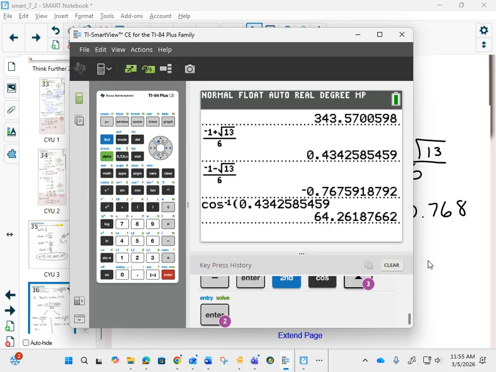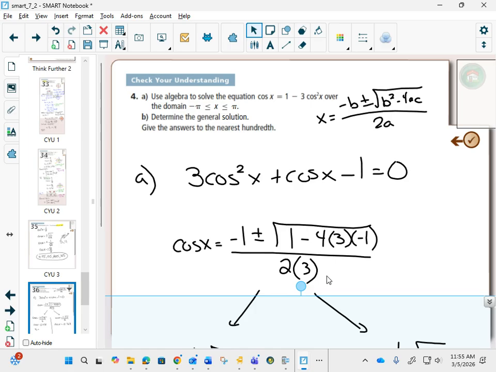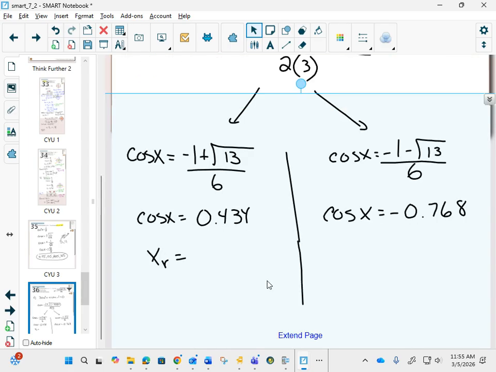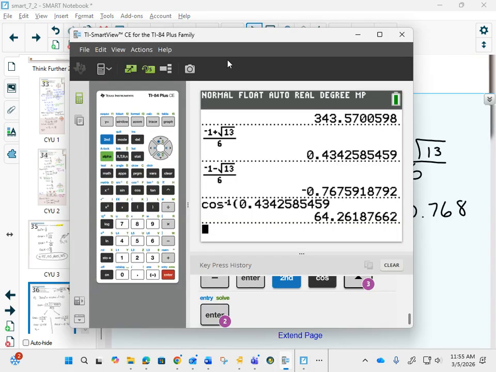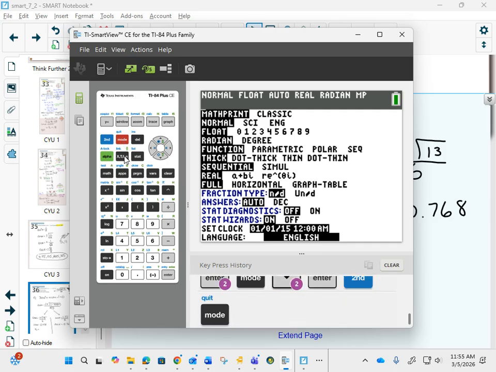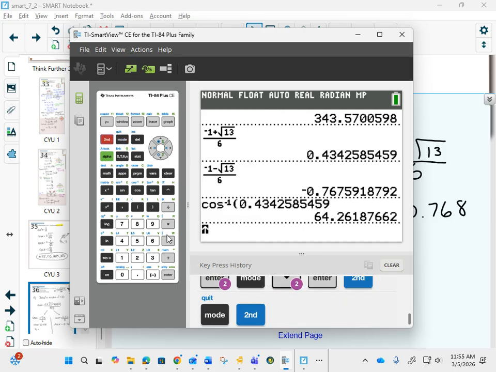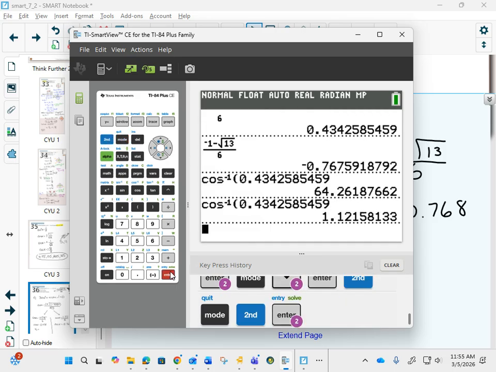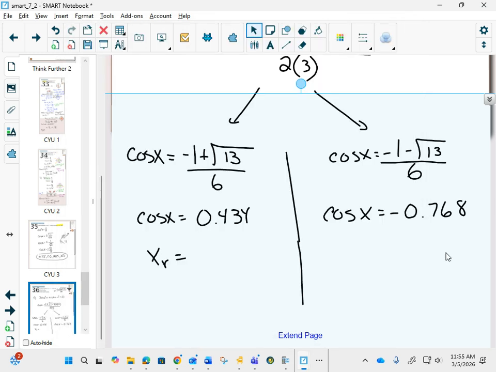Or are we in degrees or radians? Radians. We're in radians. So I have to go back to my calculator, hit the mode button, change it to radians, and type it in again. And I get a reference angle of 1.122.